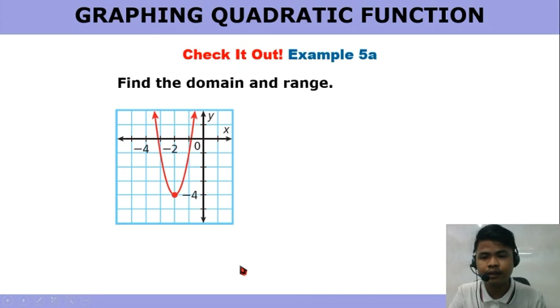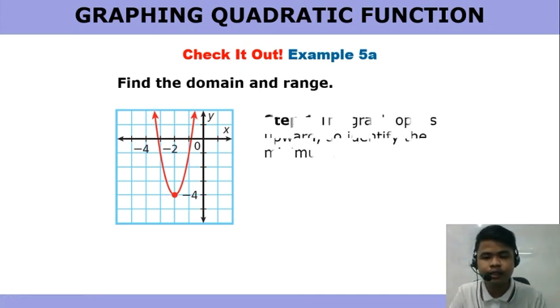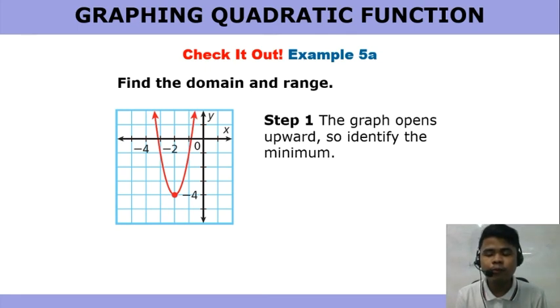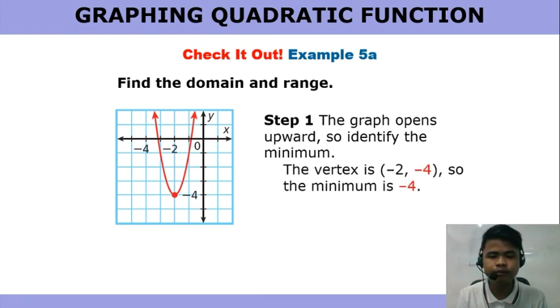Okay, find the domain and range. Okay, step 1, the graph opens upward, so identify the minimum value. Okay, again, kapag upward yung opening ng parabola, minimum value yung y. Magkakaroon naman ng minimum value if the parabola opens upward. So, the vertex is negative 2, negative 4. So, the minimum value is negative 4. Take note that we always base on the minimum or maximum value of parabola in finding the range.